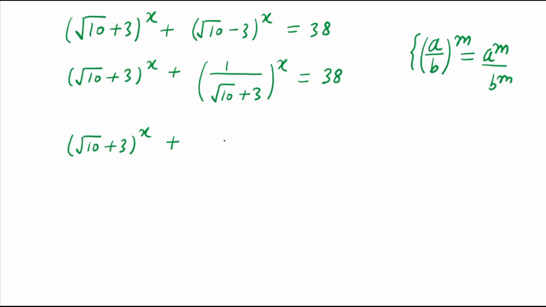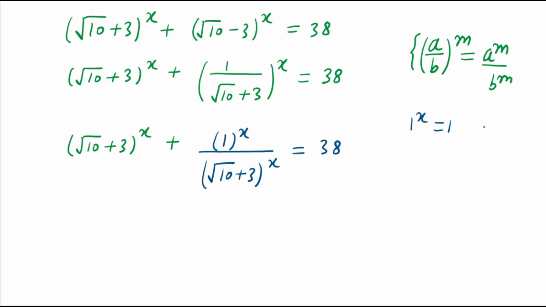So if we apply this rule here, then you can say 1^x over (√10 + 3)^x, and this is equal to 38. And we know that 1^x is equal to 1 if x belongs to real numbers. So here this 1^x is 1.